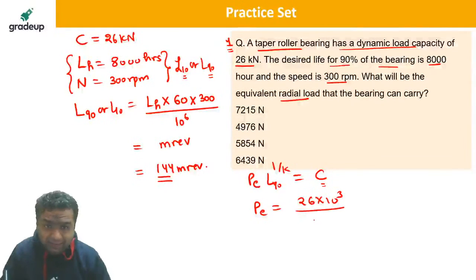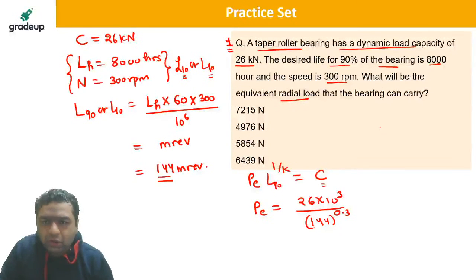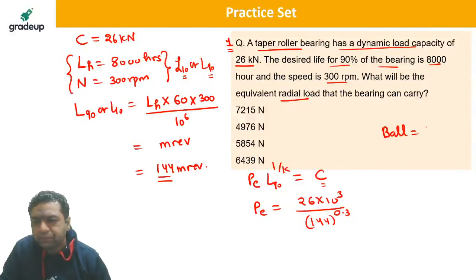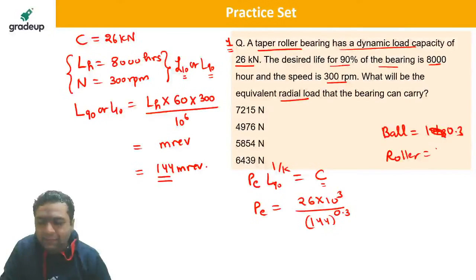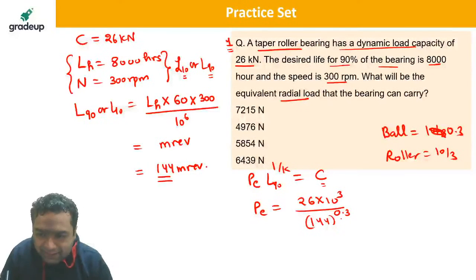Then L90 is 144 to the power 1 by K. For ball bearing K is 3, and for roller bearing it is 10 by 3. So this time it is 10 by 3.